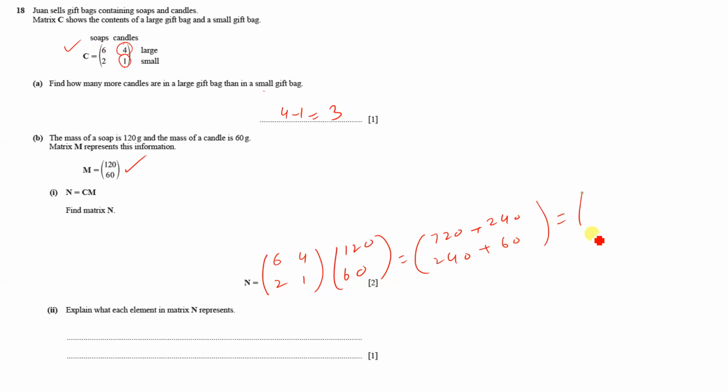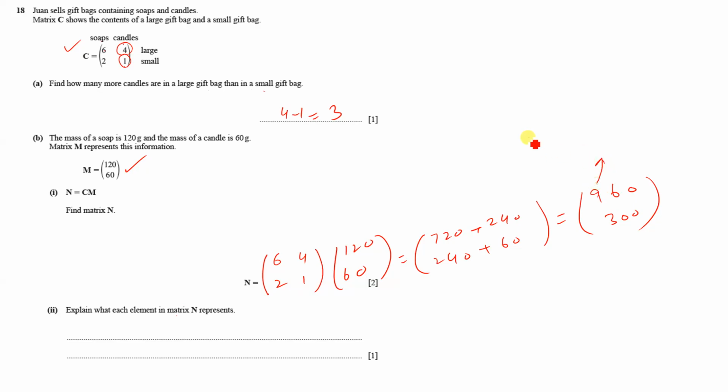So this becomes 960 and this is 300. Okay. Explain what each element in matrix N represents. So 960 actually represents the mass of contents of large bag.